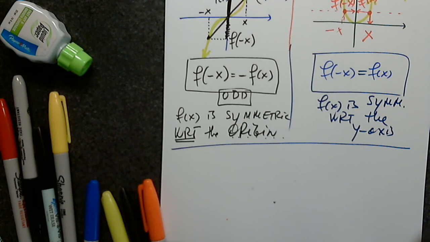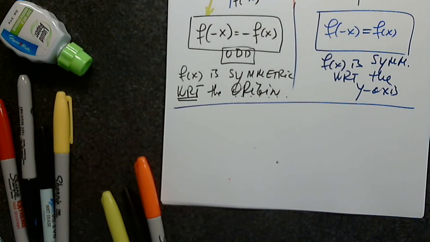If I know that the function is symmetric with respect to the origin, what I have in the second quadrant, I will copy in the fourth quadrant, and I'm done. I don't have to find more points and connect, no, I just copy, because I know it's symmetric with respect to the origin.